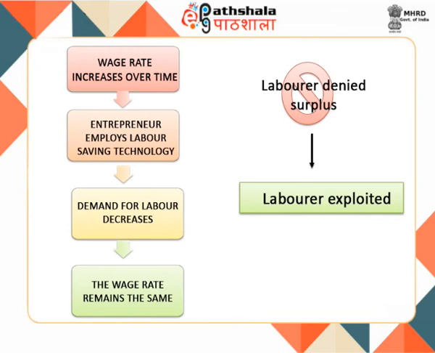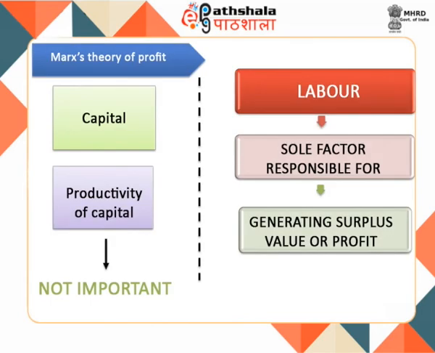Profit is, therefore, the result of the exploitation of labor in the capitalist economy. In Marx's theory of profit, the capital and productivity of capital do not get importance, while labor is considered as the sole factor responsible for generating surplus value or profit.